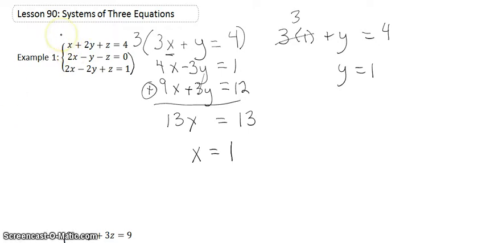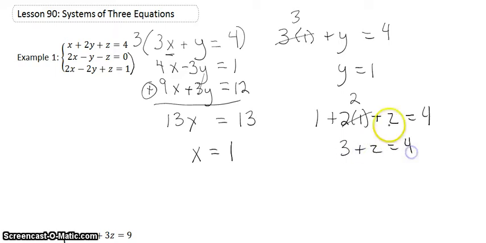I'll just use the first one. So I'll have 1 to put in for the x, plus 2 times the 1 that I'll put in for the y, plus z equals 4. So that's just going to be a 2, so 1 plus 2 is 3, plus z equals 4, and then subtract 3, so z also equals 1. So our final answer would be 1, 1, and 1.